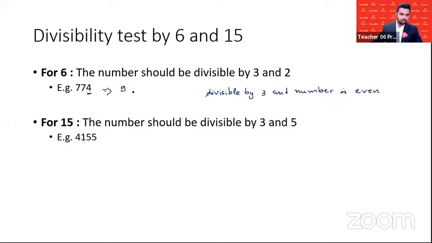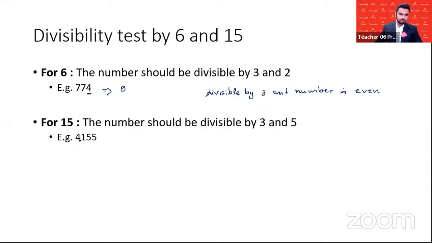Let's see the next one, which is divisibility by 15. For the number to be divisible by 15, it has to be divisible by both 3 as well as 5. So how do we check divisibility by 3? The usual game follows. Whether this is going to have a digit sum equal to 3, 6, or 9 can be easily checked.